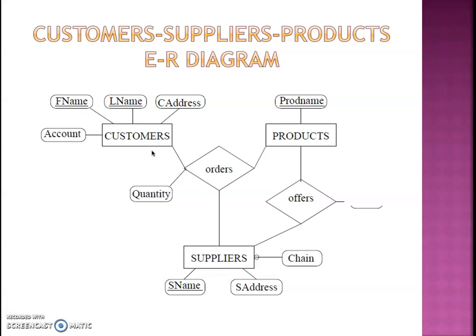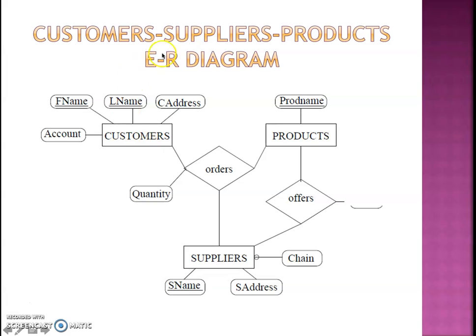All the relationships are represented in a diagram called ER diagram. Looking into this diagram, we can understand the concept behind the customer, supplier, product. So we are going to design a database in which all these relationships and entities will be taken into consideration.